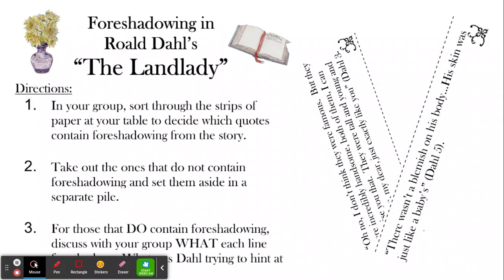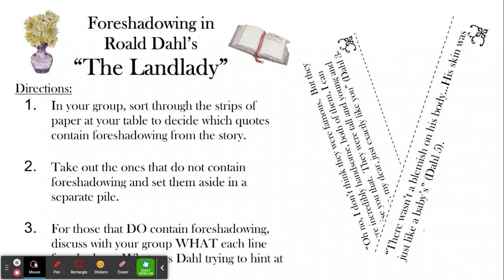On each strip is a specific quote from the story. Some of the strips are examples of foreshadowing, and others are not. Your job is to decide which quotes are actually foreshadowing and which are just regular text evidence.